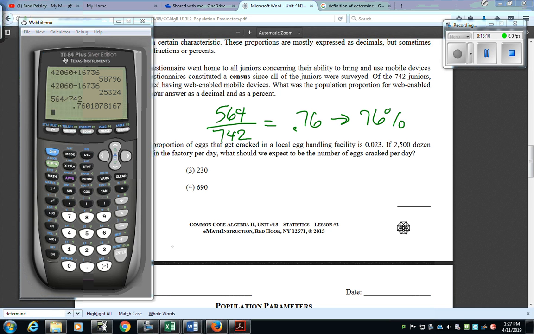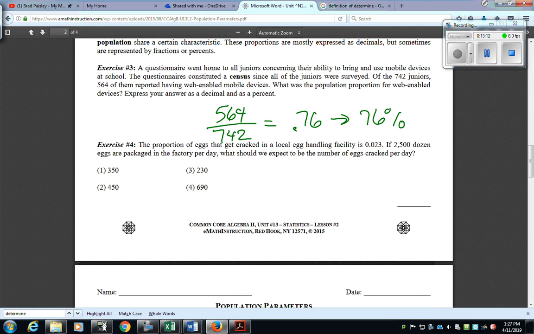Now, if we're given a decimal, like with exercise 4, the percentage or the proportion of eggs that get cracked is 0.023. If we have 2,500 dozen eggs packaged, what should we expect to be the number of eggs cracked per day? Now, the trick with this one is they're trying to trick you with the 2,500 dozen. You actually have to multiply 2,500 times 12.